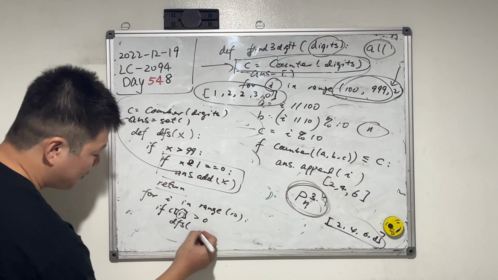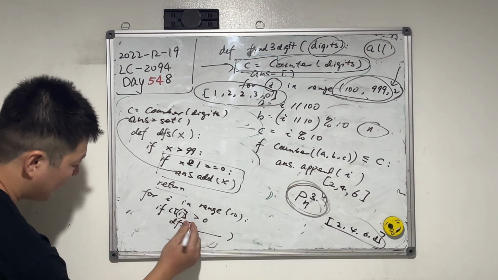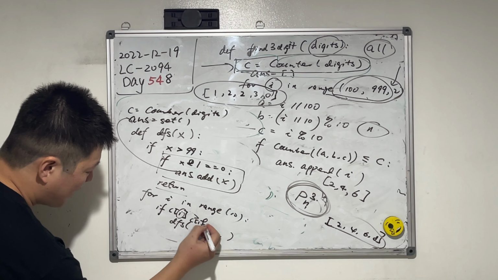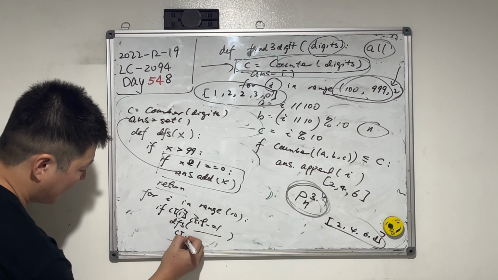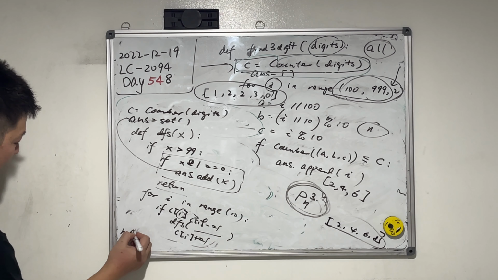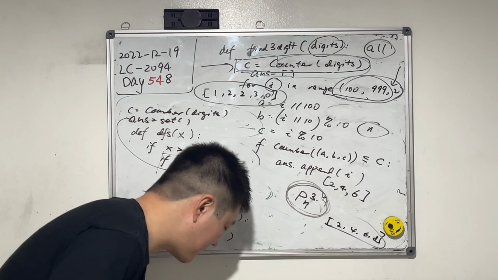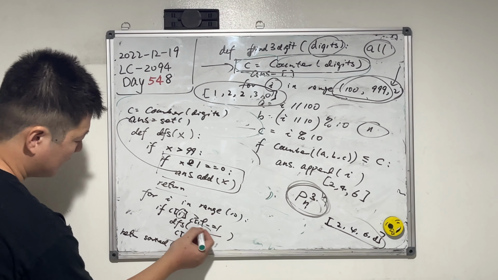But we have to do Ci minus equals 1 before it, and Ci plus equals 1 after. And then here, return sorted answer.